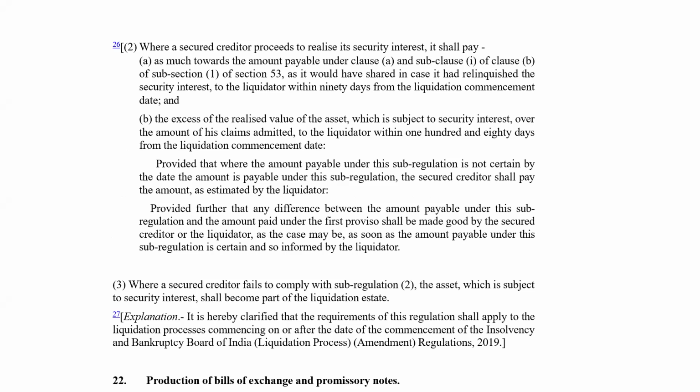So he shall pay as much towards the amount payable under clause A and sub-clause 1 of clause B, as it would have shared in case it had relinquished the security interest to the liquidator within 90 days from the liquidation commencement date. Let us note down these clauses, clause A and sub-clause 1 of clause B, and do a calculation of this also.